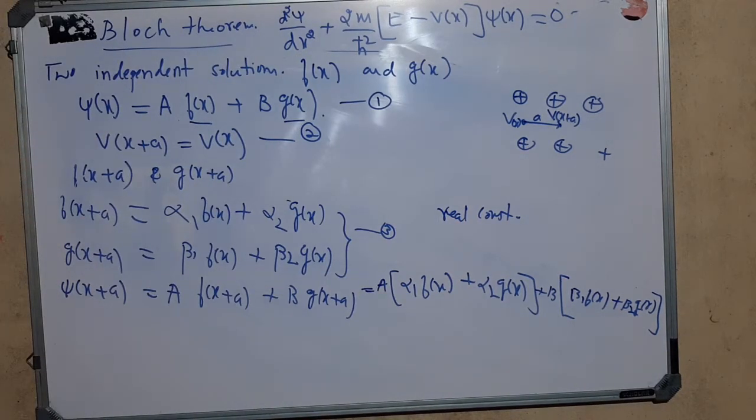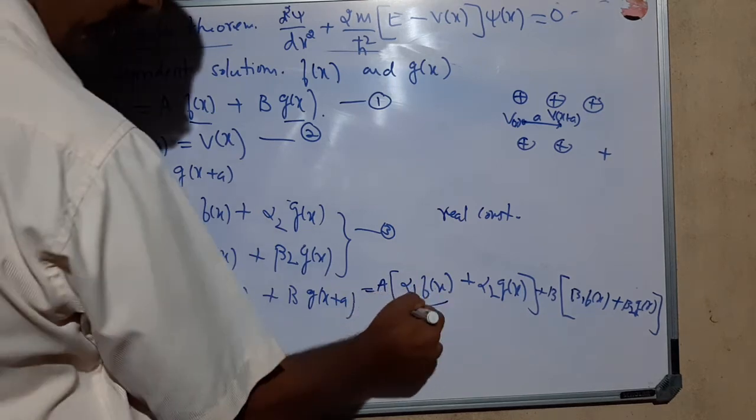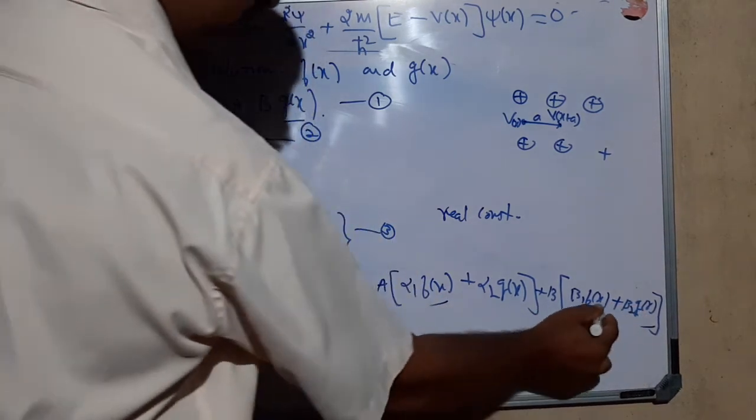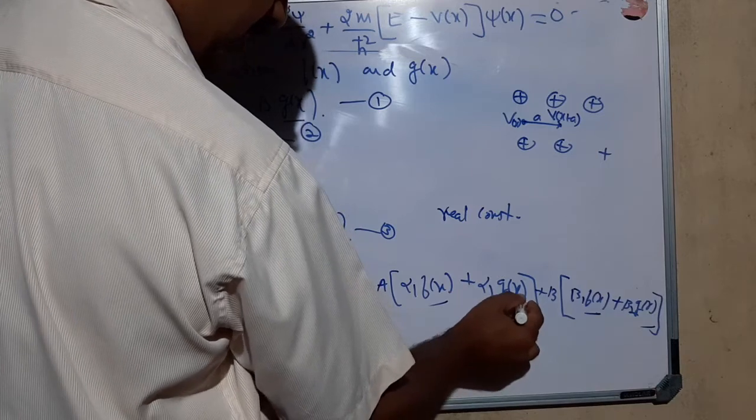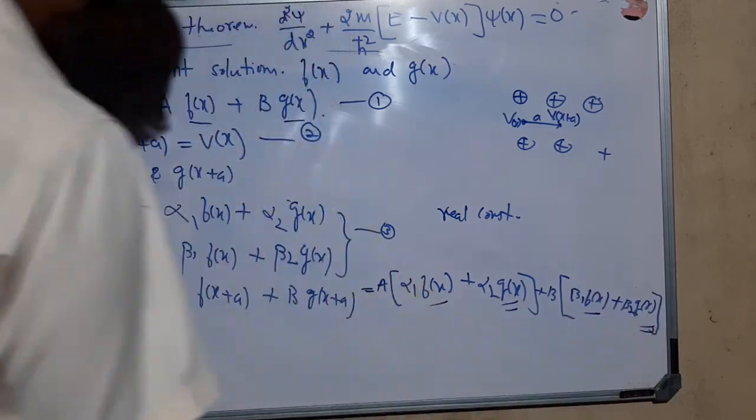Now you collect the terms containing f of x first, then collect the terms containing g of x next.